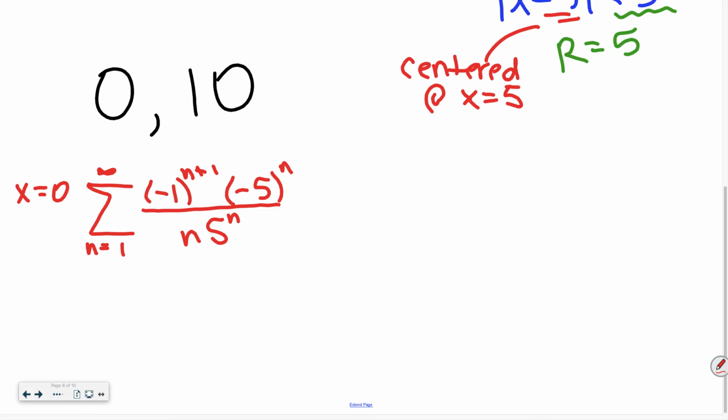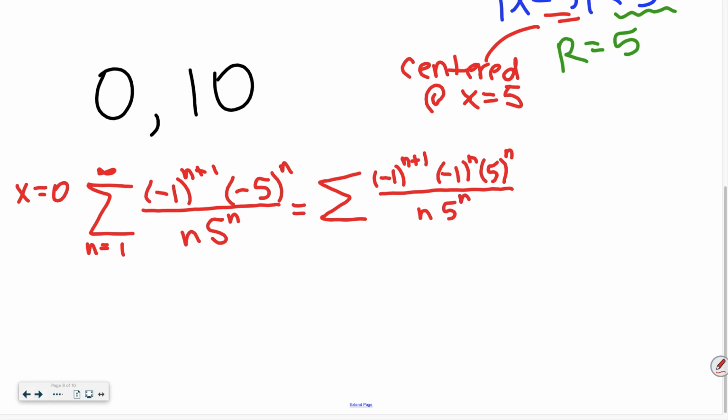We're gonna be fine. Do you see how we're so close to having 5 to the n over 5 to the n, so they can cancel? We can write negative 5 to the n as negative 1 to the n times 5 to the n. That is mathematically legal. And then those can cancel out.